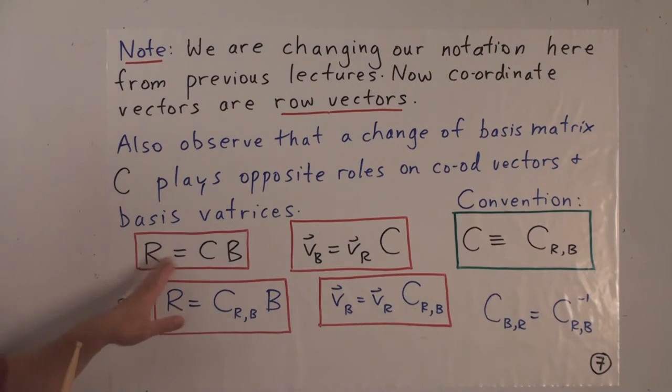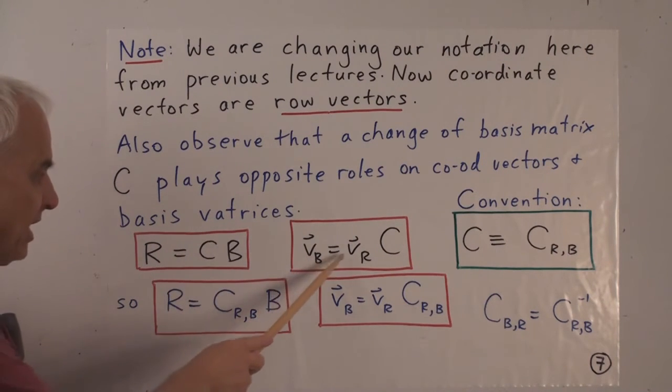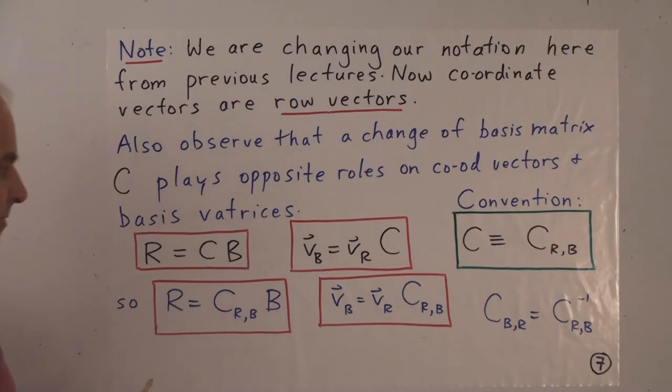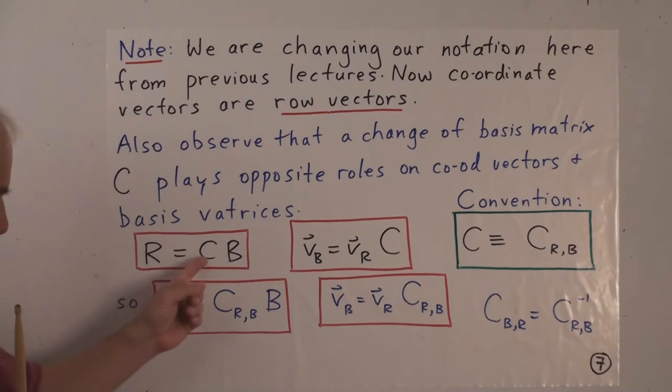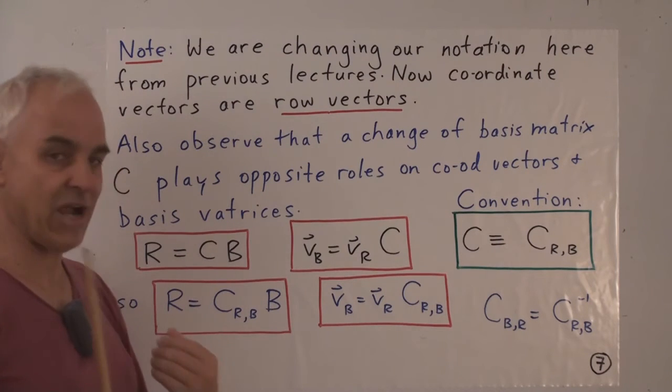So here are the same relations from the previous slide. I'm just copying them again. We have R equals C times B, and then V sub B equals V sub R times C. The same change of basis matrix C. So we're going to introduce a little bit of notation for C to tell us what it's actually doing.